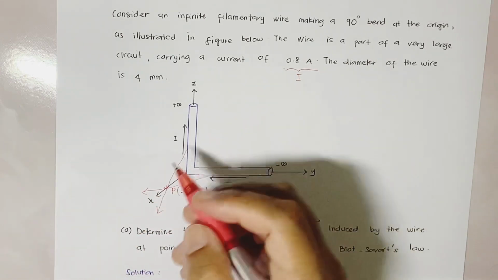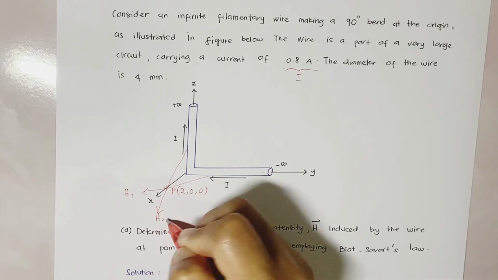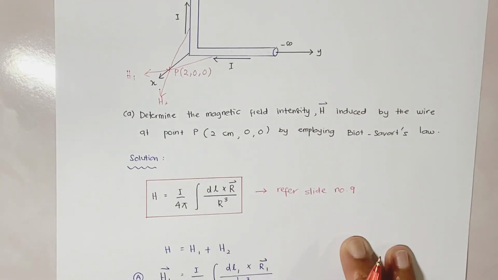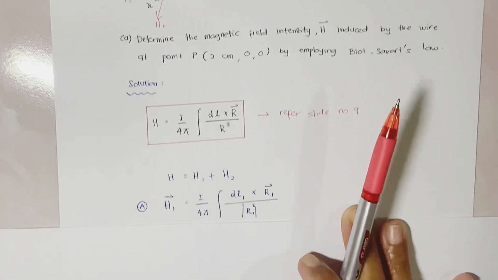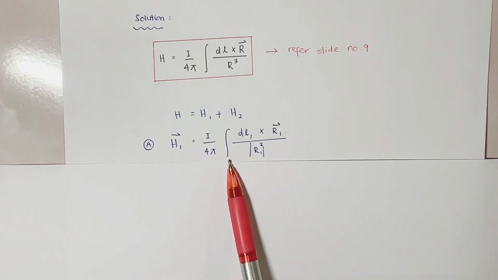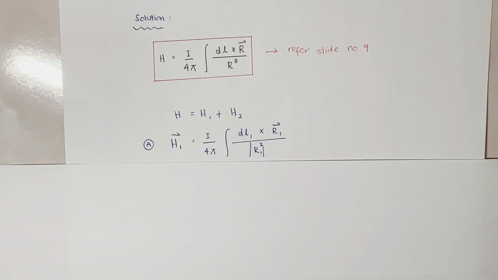So this is H1. You need to find H1 and H2, and then add up both magnetic field intensities. First, find H1. H1 is equal to I over 4 pi integration dl1 cross r1 over r1 cube.